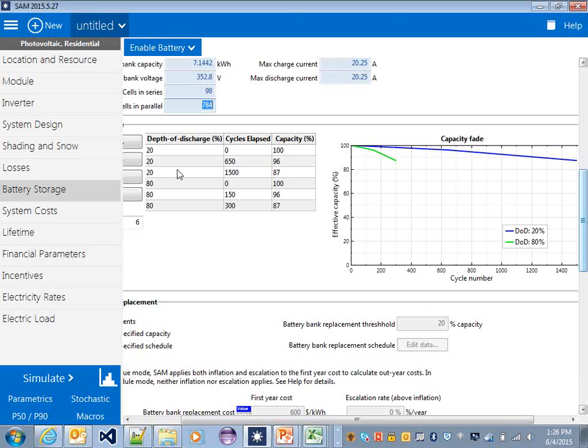Lead acid battery data sheets have more information on depth of discharge and cycle specifics, whereas lithium-ion data sheets might only report one set of information, like after 500 cycles the capacity is 90%, without telling you much about depth of discharge. So there's still a little rule of thumb you might have to enter to fully build this curve. But you can use the defaults, and it can at least give you a rough approximation.